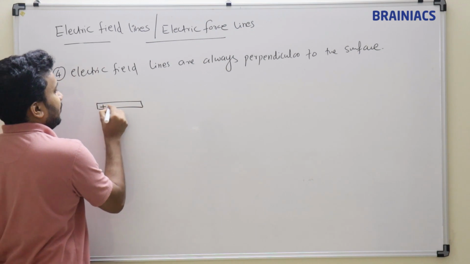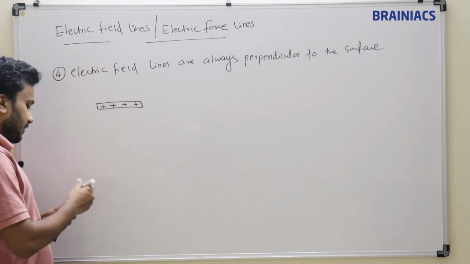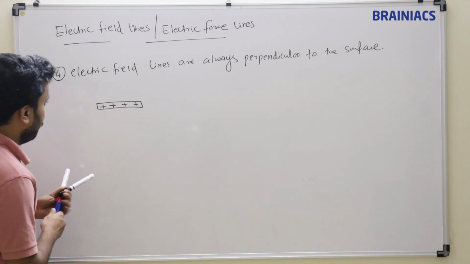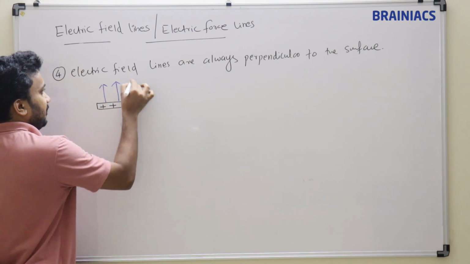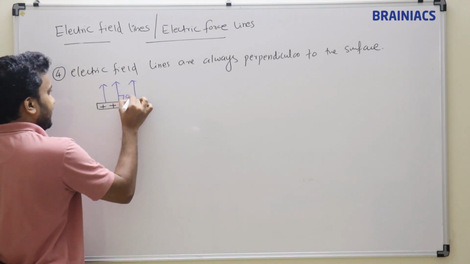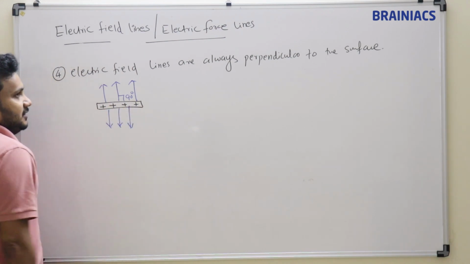Suppose I have a rod here having positive charges. If I am drawing the electric field lines with blue color, here electric field lines are always perpendicular, which means they will make 90 degrees with the surface. Electric field lines will always be like this.